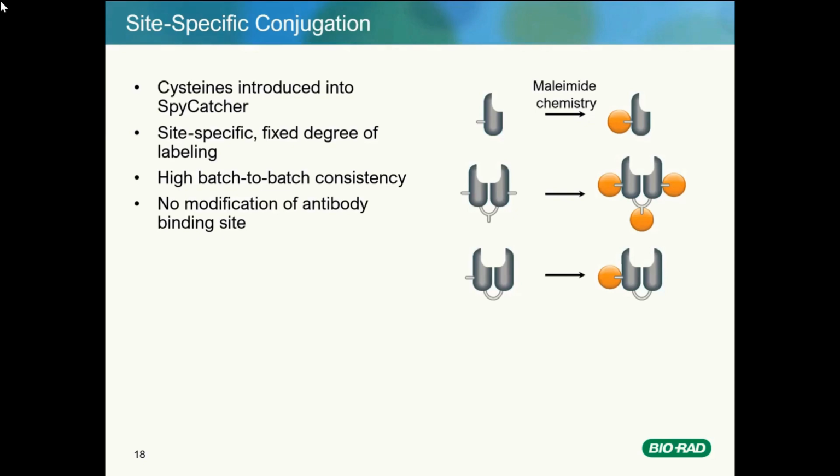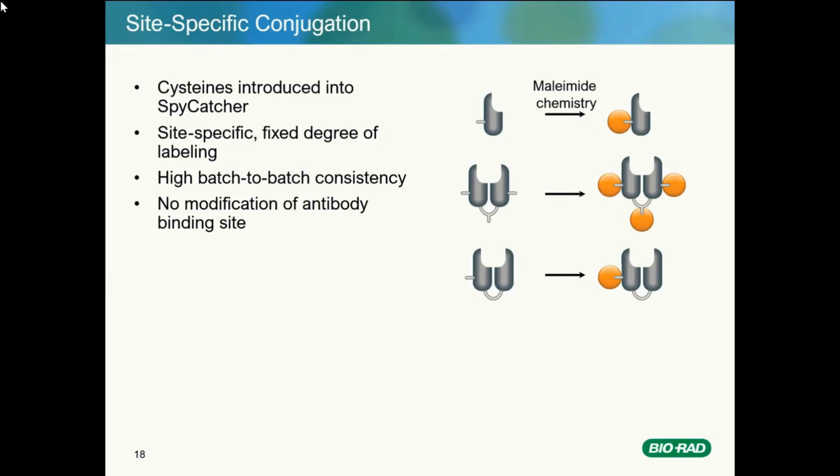There are a number of advantages to using labeled SpyCatcher proteins as a way of generating labeled antibodies. First, the site-specific nature provides for a fixed degree of labeling and a high batch-to-batch consistency. Another advantage is that because the labeling reaction has occurred before the Fab is coupled, we are confident that there has not been any incorporation of the label into the antigen binding site, which could affect binding.